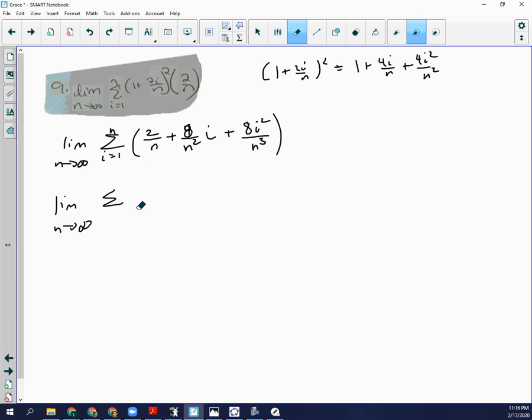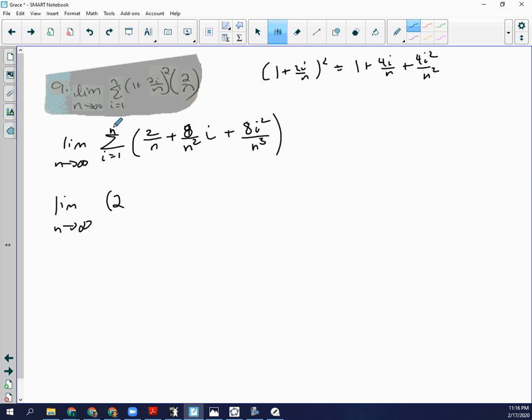And we're going to be able to get rid of the sum then. Well, the sum from i equals 1 to n of 2 over n, that's going to be 2 over n plus 2 over n plus 2 over n, n times. That's just going to equal 2.